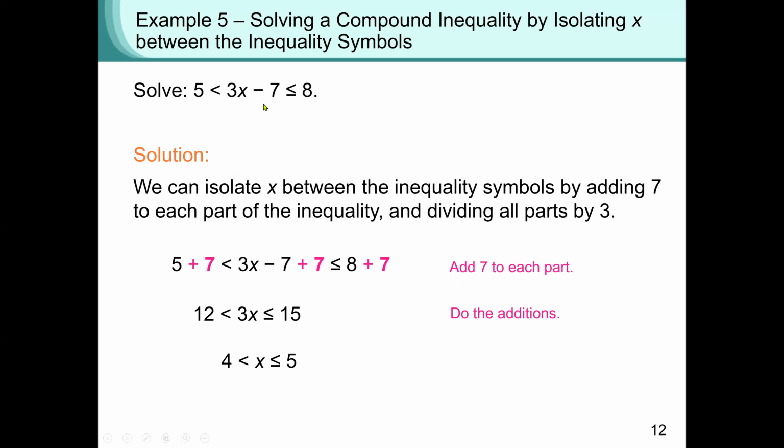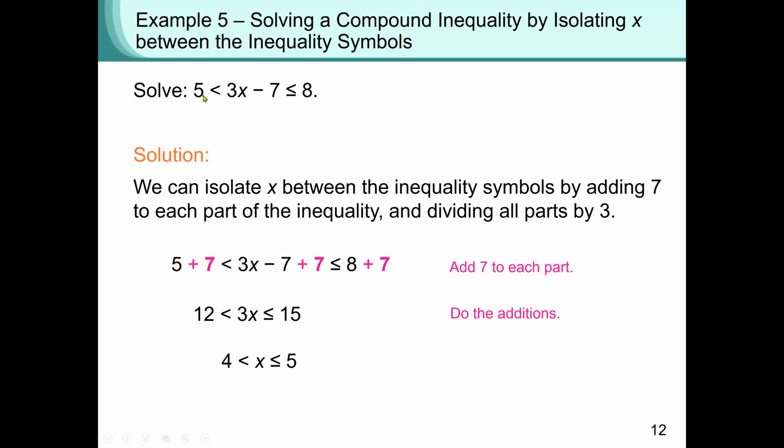We call this a compound inequality. 3x - 7 should be less than or equal to 8 and also greater than 5. In our previous question, we had 3 times (x + 2) less than 8. This time we have two inequality signs, so it's a compound inequality.